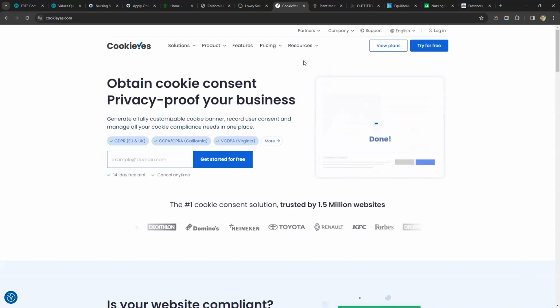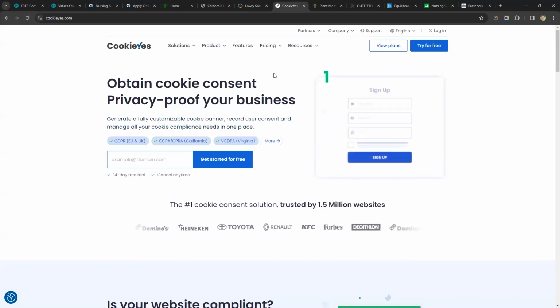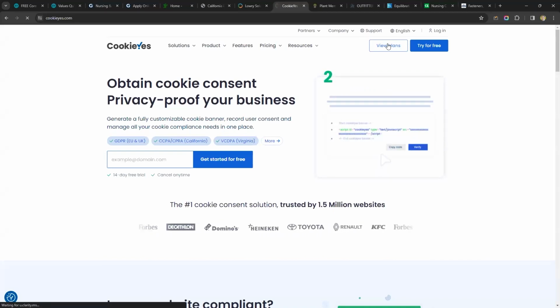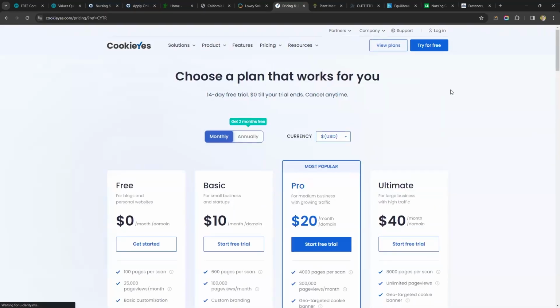Now, I am going to show two things on this, because I'm trying to show different things on different sites. I'm going to go to view plans. And I go to the view plans, "Choose a plan that works for you." I love that, okay? 14-day free trial, $0, cancel anytime, all sorts of good stuff here.